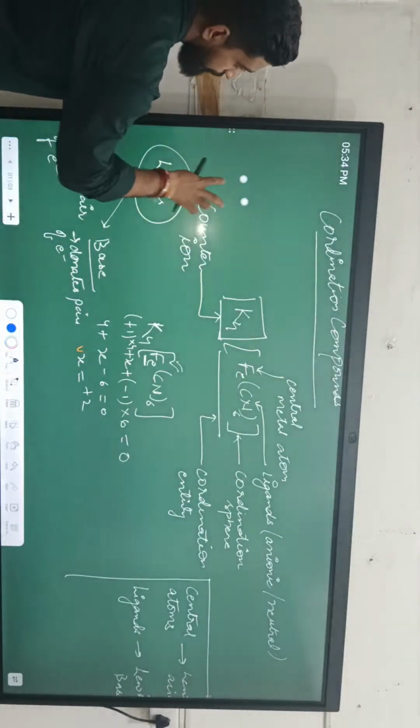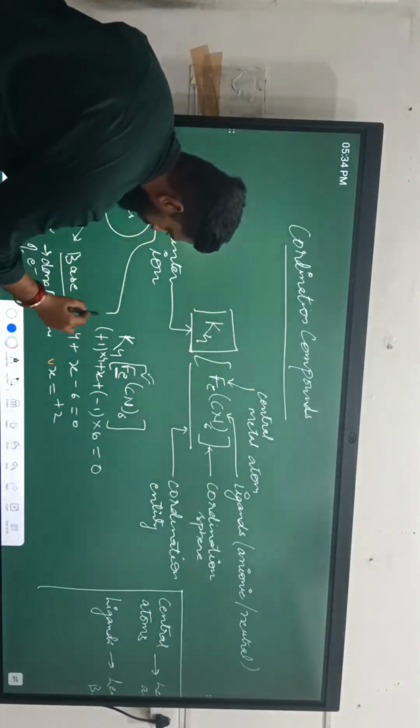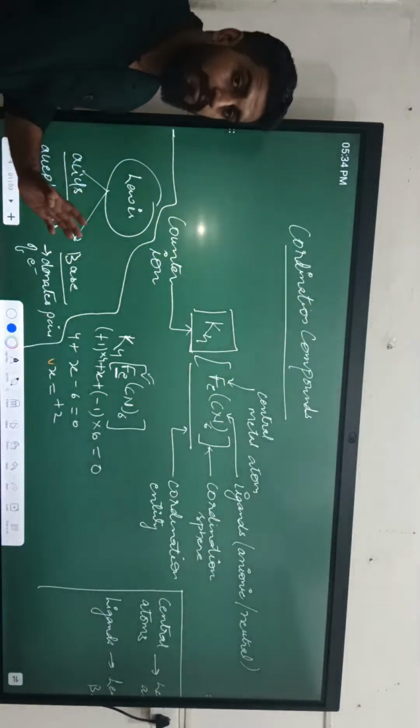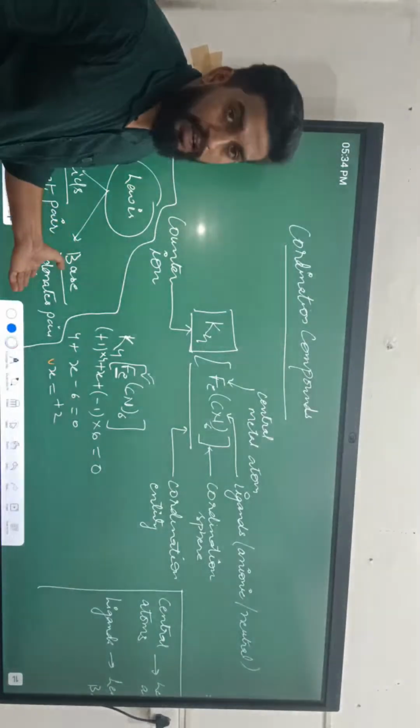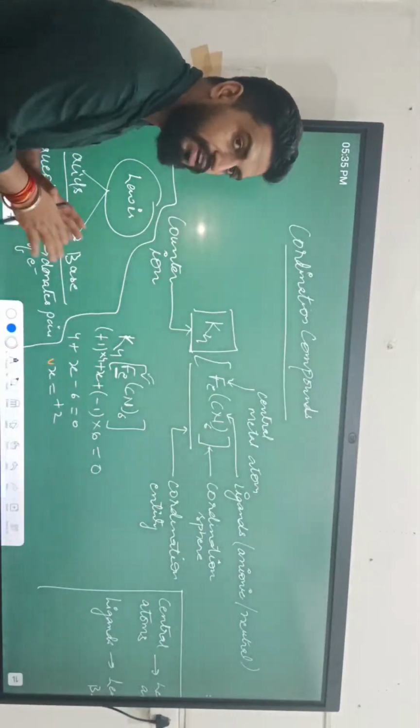Okay, so the concept of Lewis is the compounds which are capable of donating electrons are known as Lewis base, and the compounds which can accept electrons are known as Lewis acids.